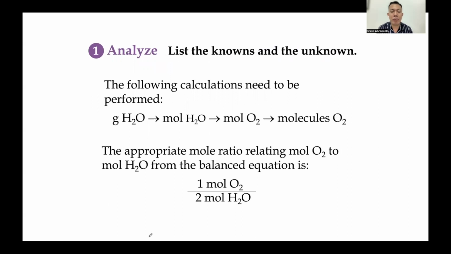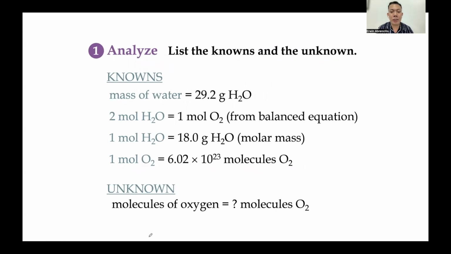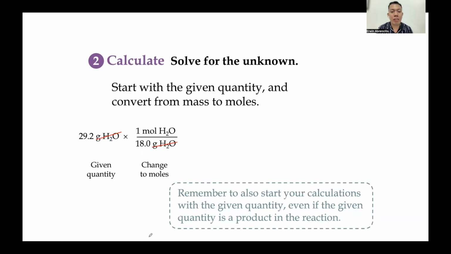Then you have to write the mole ratio. So write the known and then write the unknown. In the given are the molar mass as well as the equivalent of 1 mole of oxygen, which is equivalent to Avogadro's number. Then calculate, solve for the unknown.